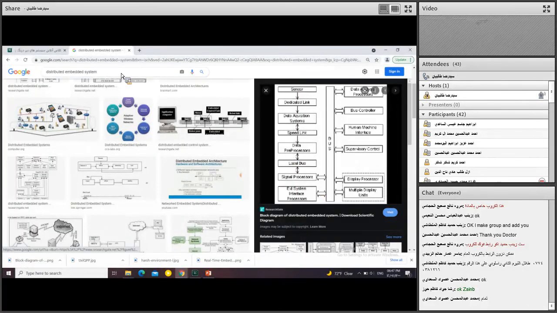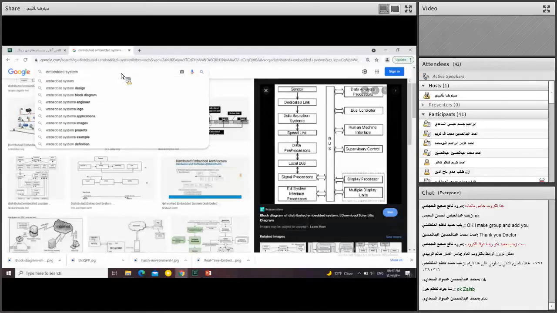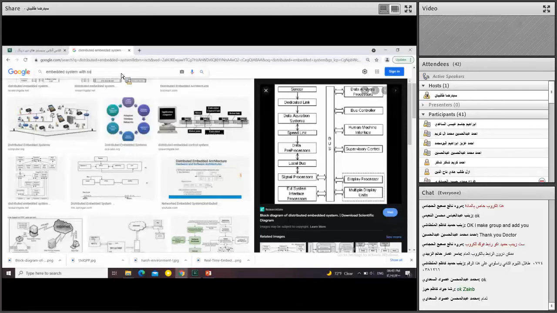Complex functionality, okay, it is also possible for embedded systems to have complex functionality.